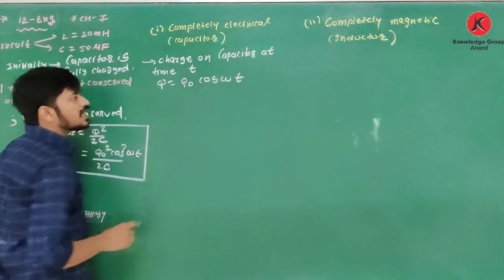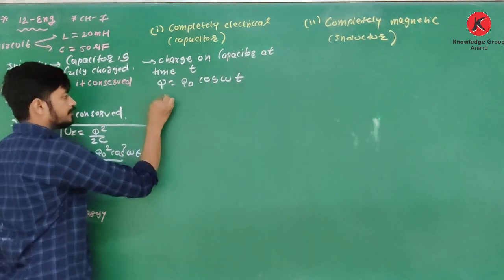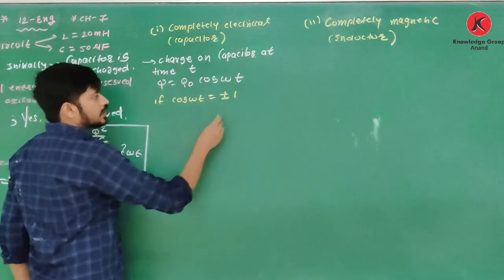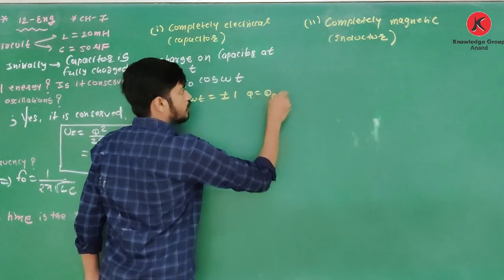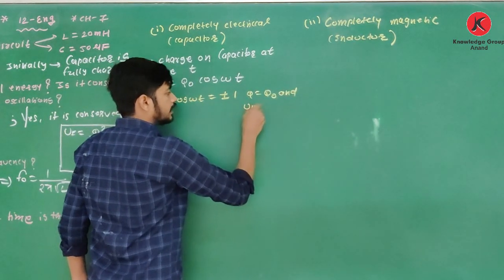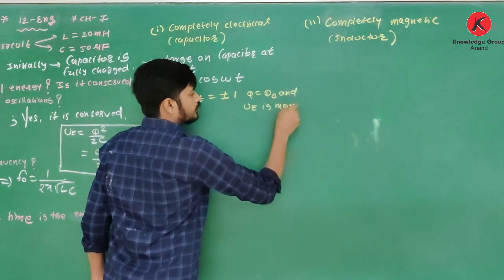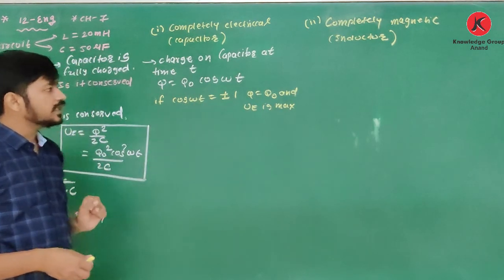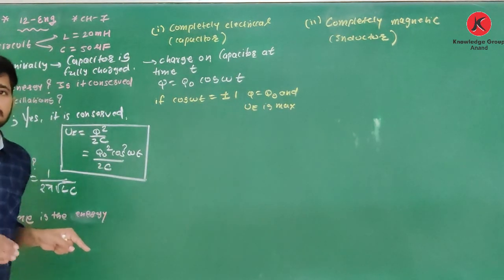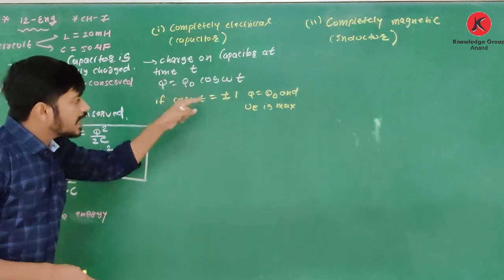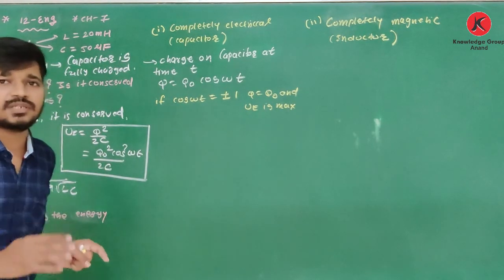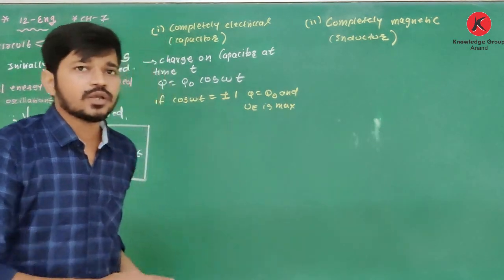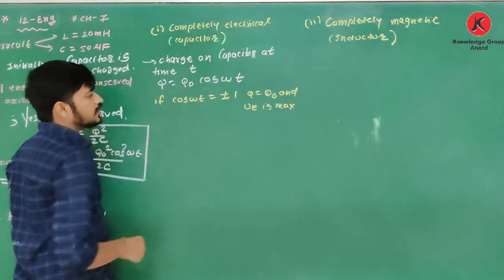So if cos omega t is plus or minus 1, Q is equal to Q0 and UE is maximum. Simple.